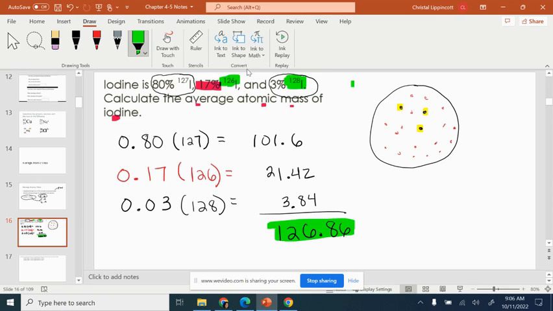If it's not in between the highest and the lowest, you messed up. And probably where you messed up is right here. If you make that a 0.3 instead of 0.03, this number is going to be way bigger than it should be. So go back and double check your work. Questions on this?